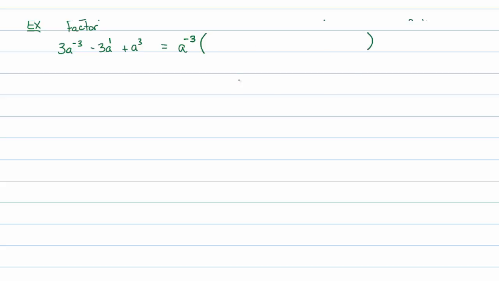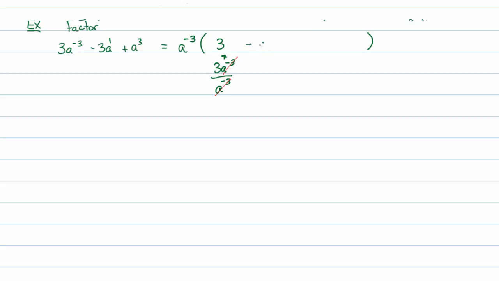Now remember, factoring is division. So we had a 3a to the negative third here, but we're dividing out a to the negative third. Don't do the math. Just notice that a to the negative third is the same picture as this picture, so they cancel nicely, and you're just left with 3 in that position.